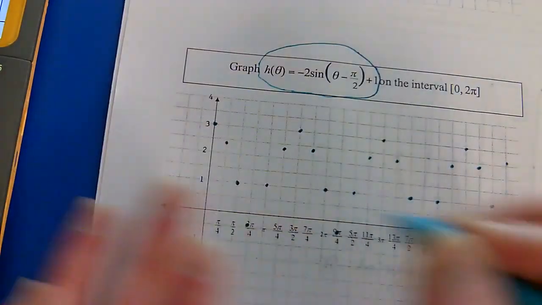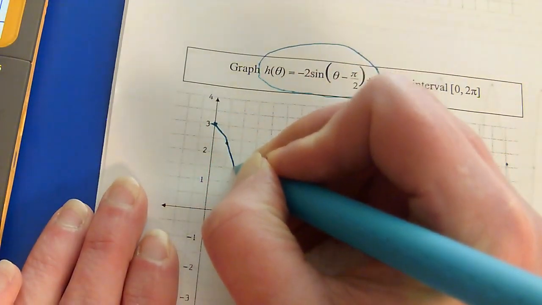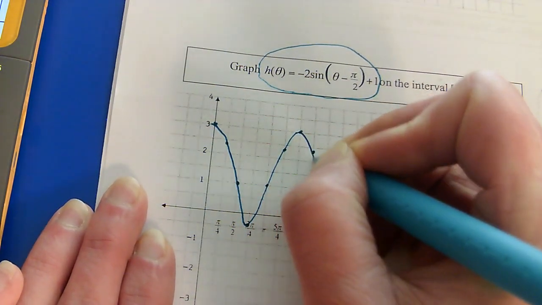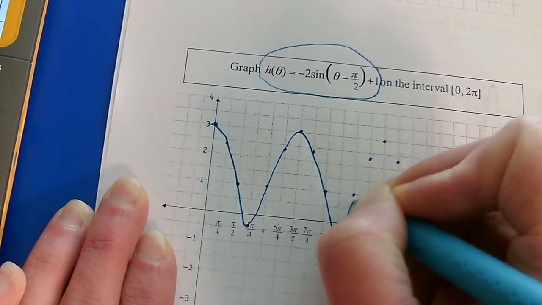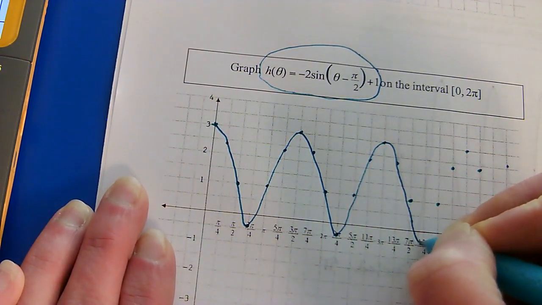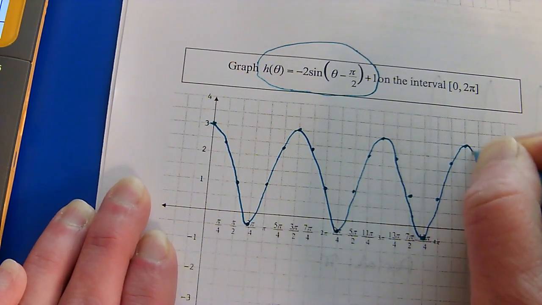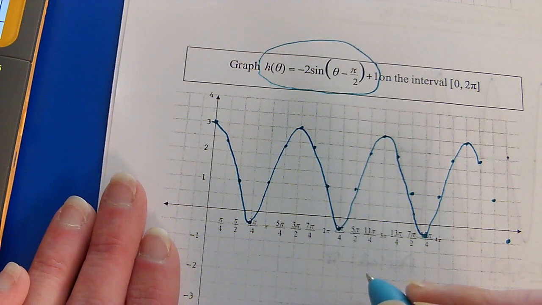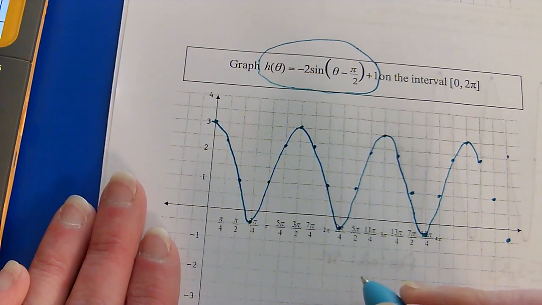Okay. And we saw that it was our lovely sine wave, and it is called a sine wave, by the way. So this one's a little odd as far as telling where the midline is.